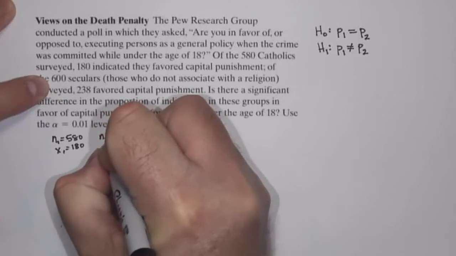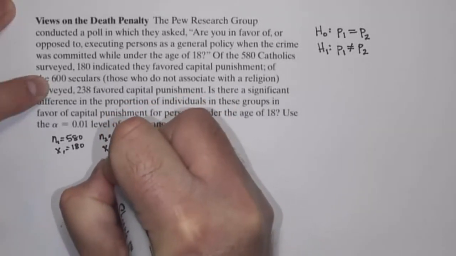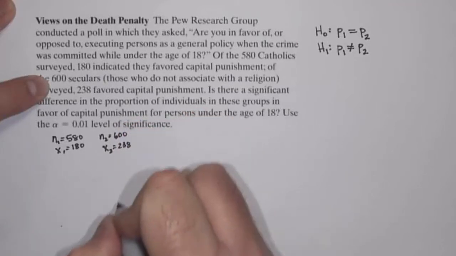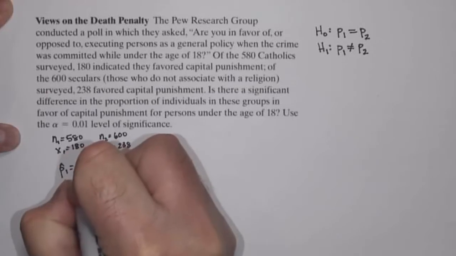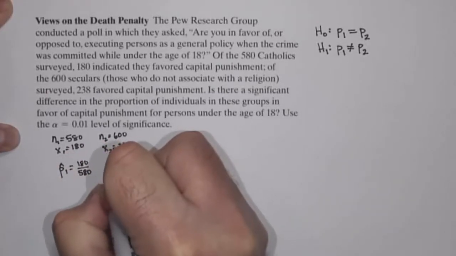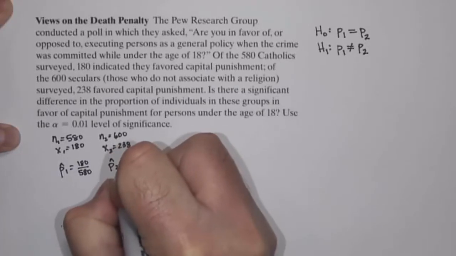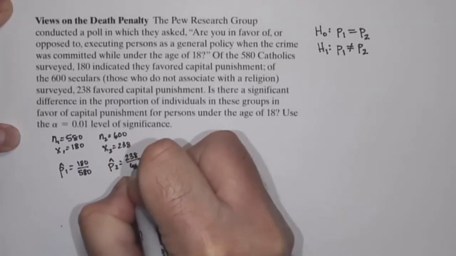So N2 is equal to 600, which means X2 is equal to 238. So P hat 1 is equal to 180 divided by 580, and P hat 2 is equal to 238 out of 600.